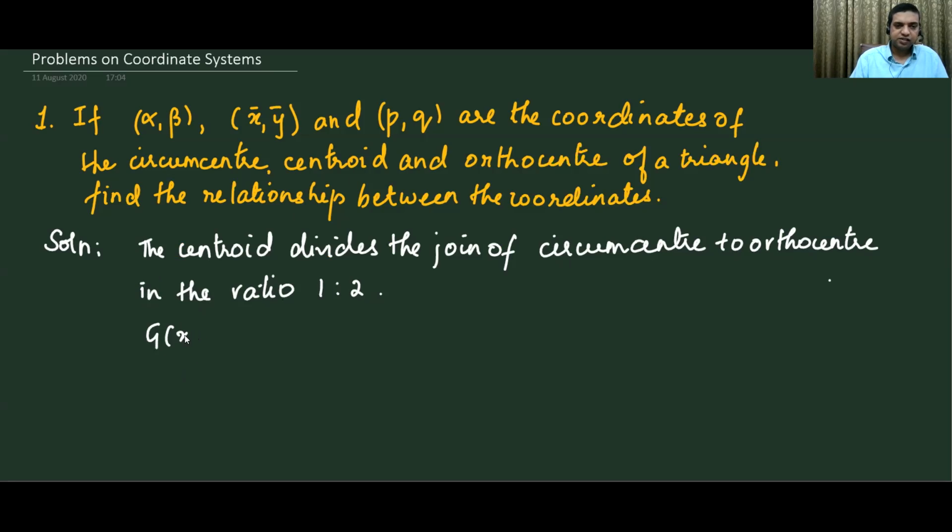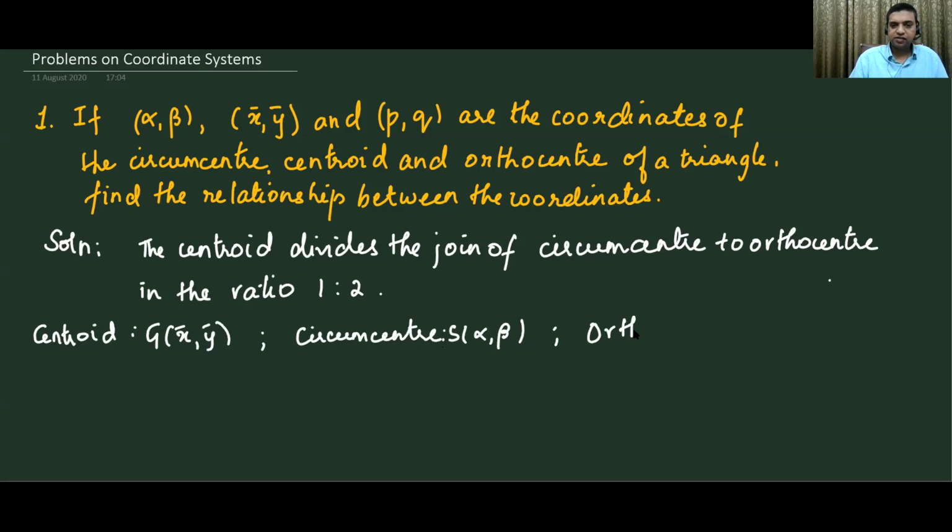So G, x bar comma y bar, is the centroid. Circumcenter is alpha comma beta, and orthocenter is p comma q.